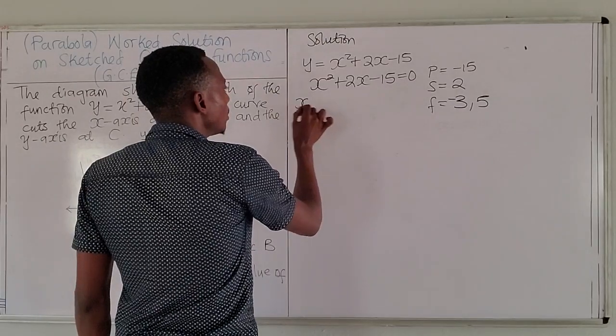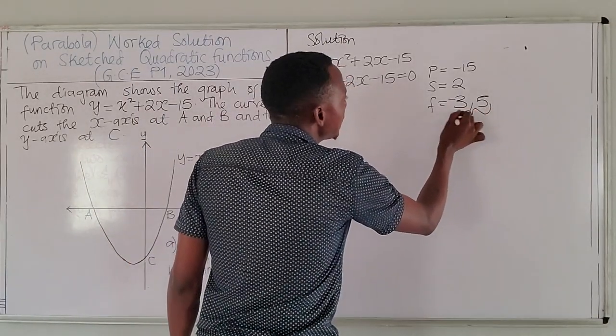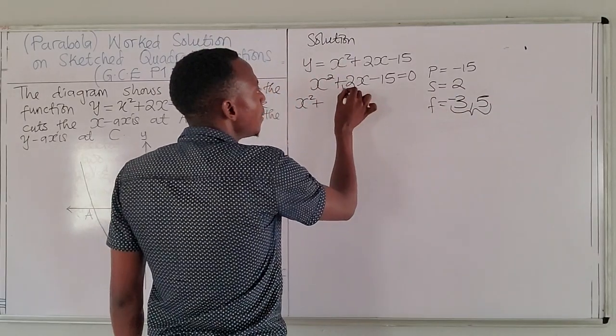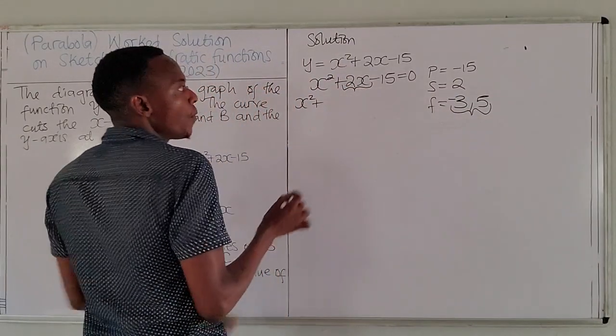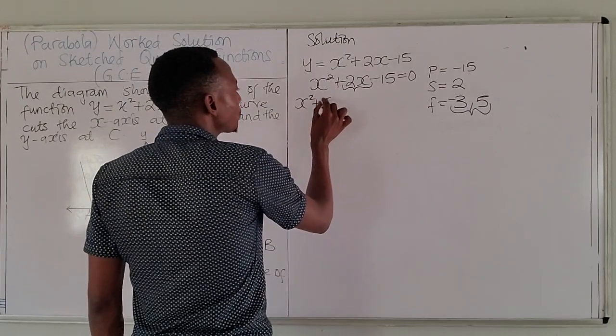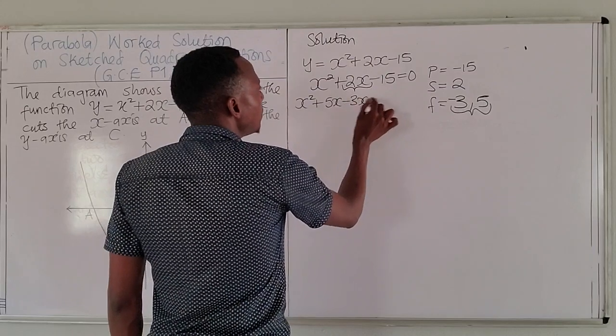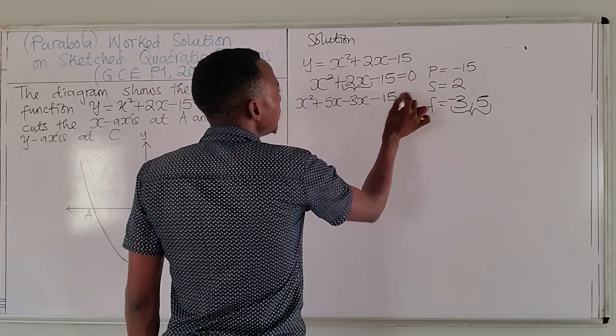Then substitute. These two factors split the value for x, the sum. So we have 5x minus 3x minus 15 is equal to 0.